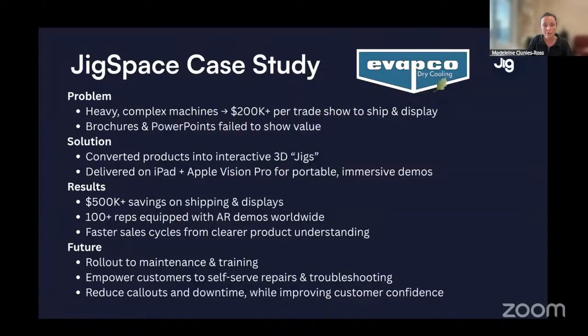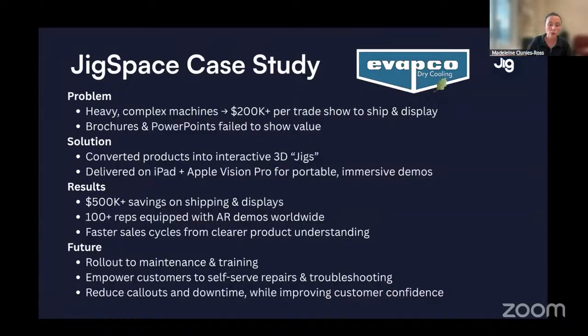So what this meant for Evapco, they have saved over $500,000 in trade show savings by eliminating shipping, storage, and equipment display costs. Over 100 sales reps are equipped with AR-enabled demos for consistent global engagement. They have faster product comprehension for engineers, owners, and contractors in complex sales cycles. And they've been able to modernize trade show and immersive AR booths that capture more traffic and engagement at these events.